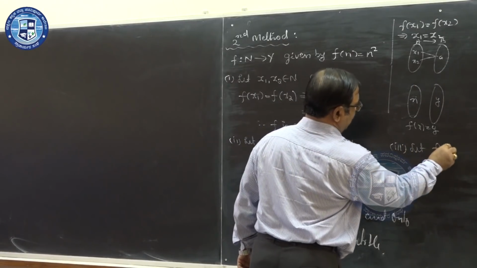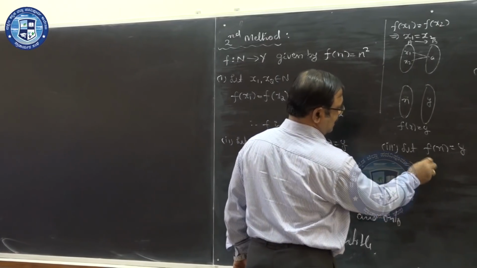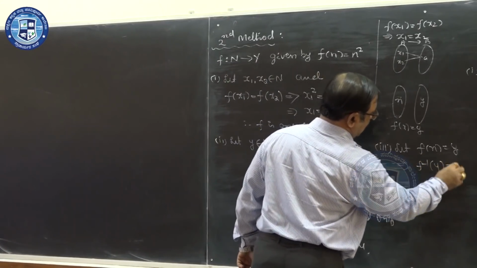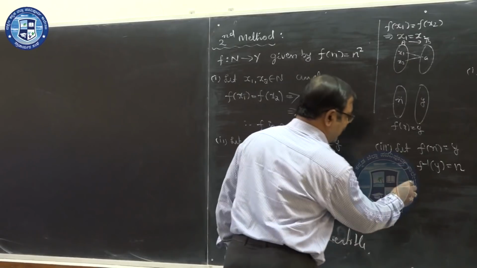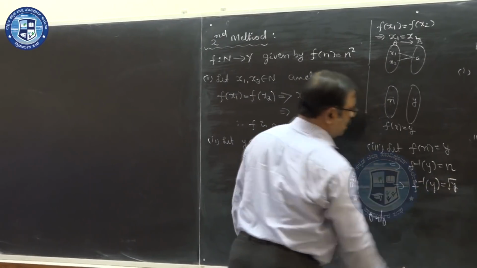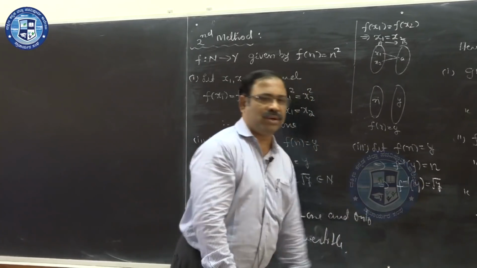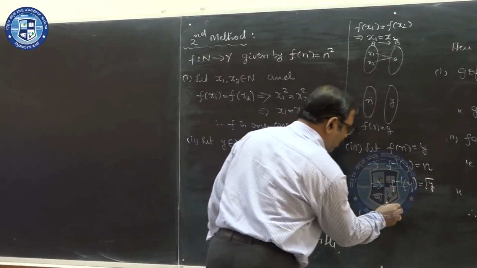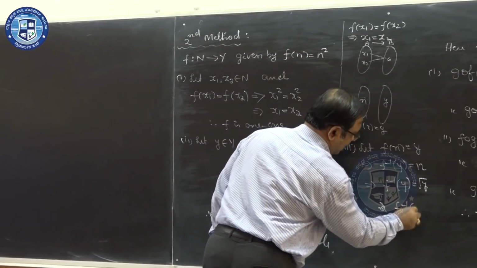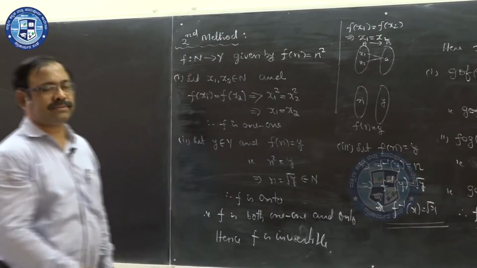Let f of n equal y. This implies f inverse of y equals n, which is root y. So f inverse of y is equal to root y, or we write f inverse of x is equal to root x.